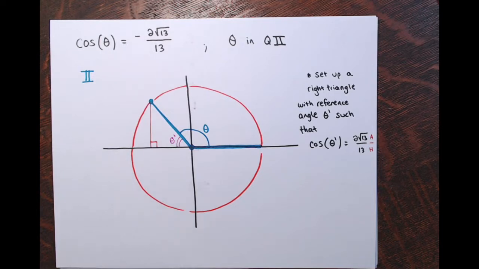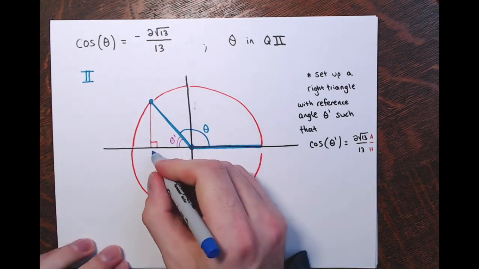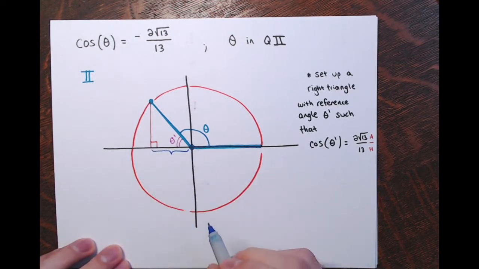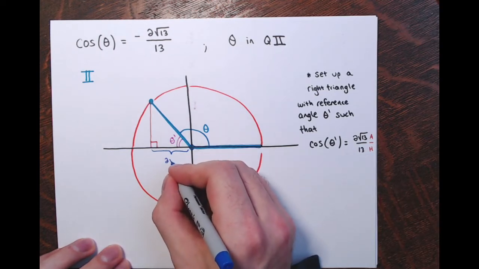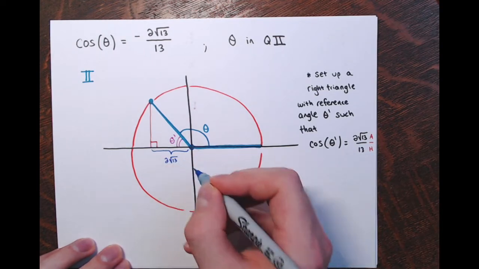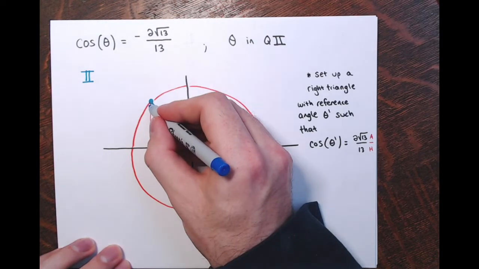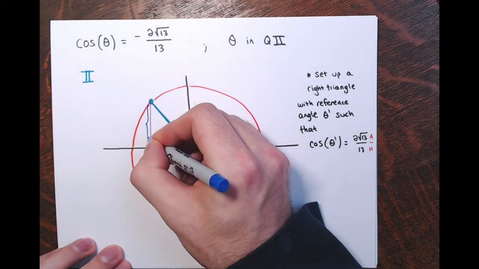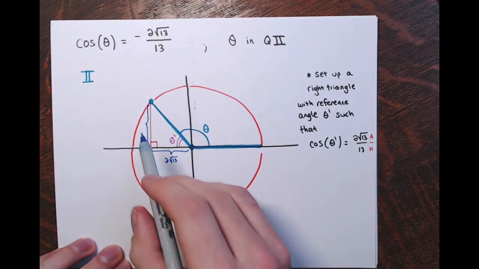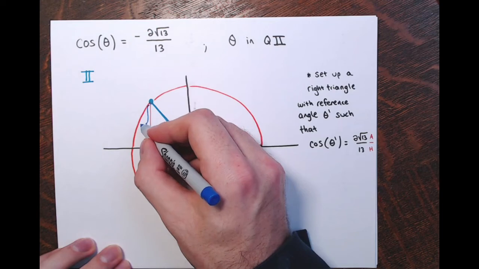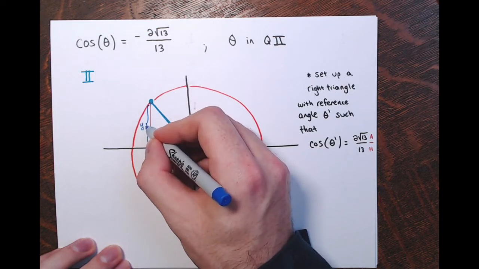So in my picture, this horizontal length, the adjacent length, has a length of 2 times the square root of 13. And the vertical length, the other leg, I don't know. I'll call this y because it's vertical.